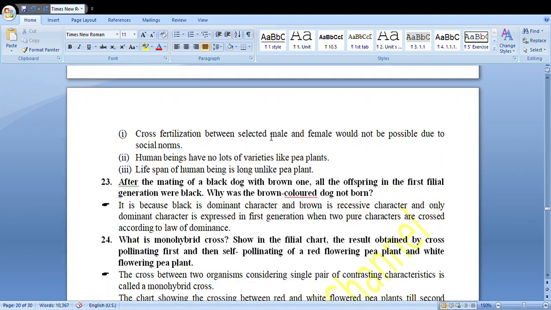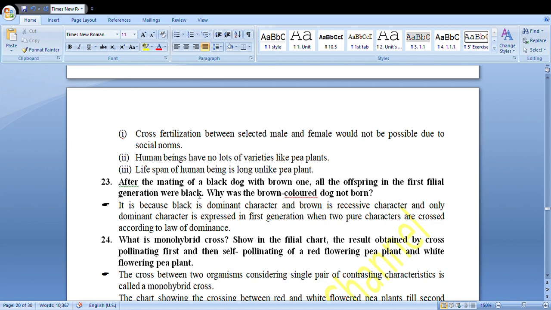Like cross-fertilization between selected male and female would not be possible due to social norms. Human beings have no lots of varieties like pea plants. Lifespan of human being is long, unlike pea plants, so result could not be obtained frequently.